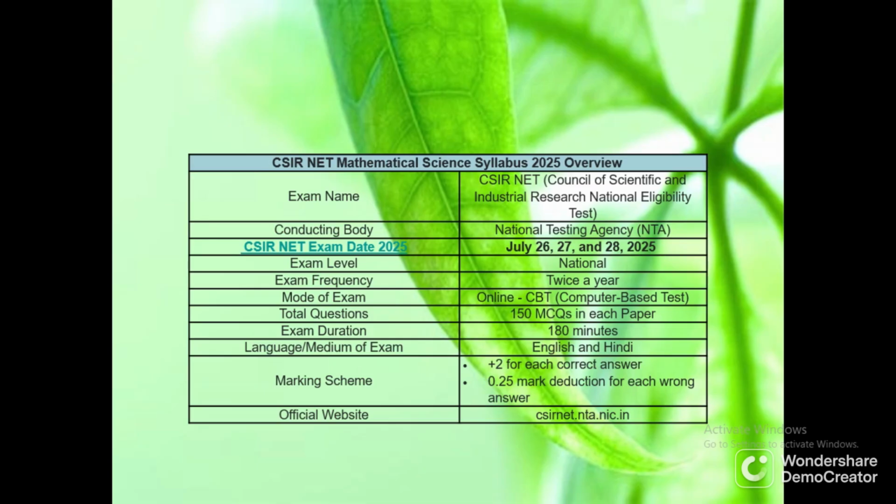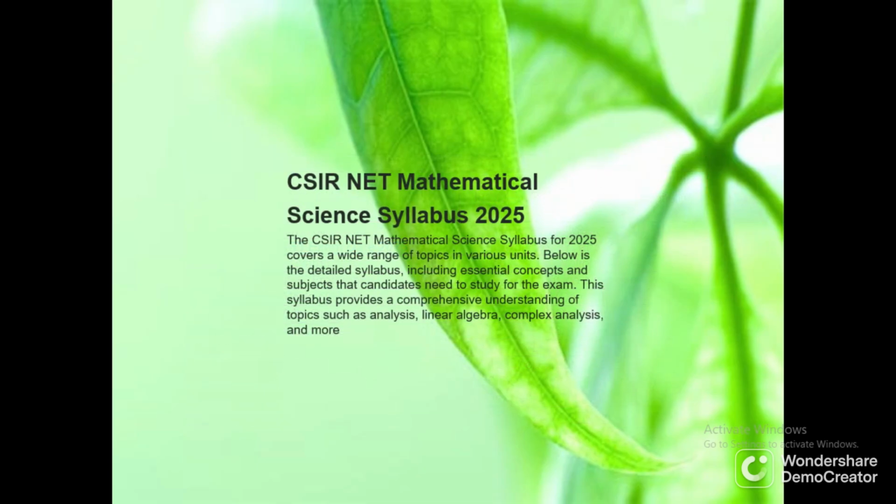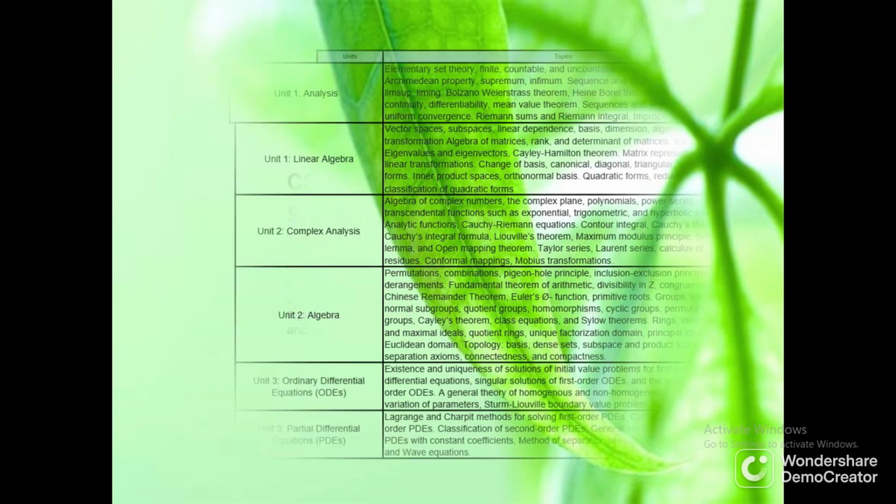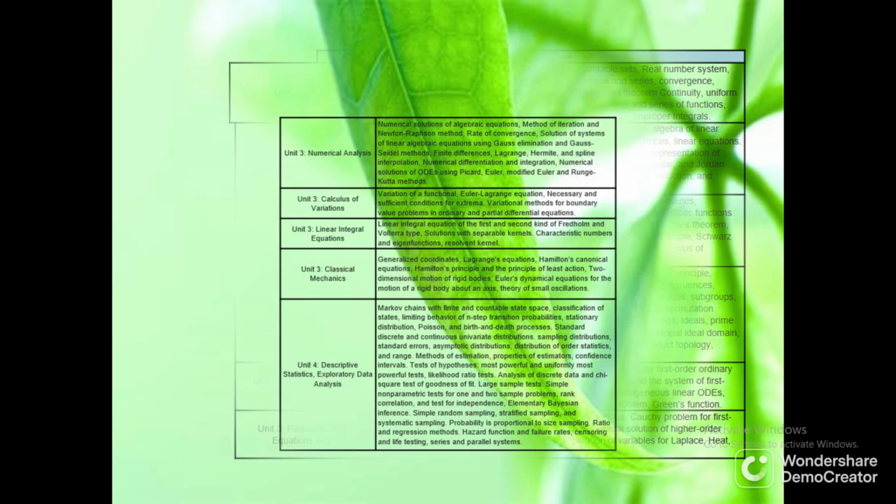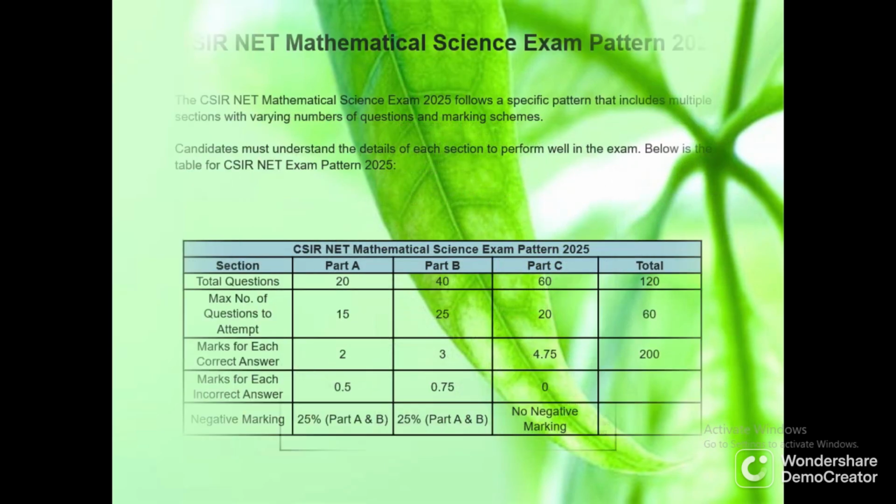The exam duration is 180 minutes, in English and or Hindi. So this is overall the syllabus, pattern and structure of the question paper, and this table also shows the structure of the paper.